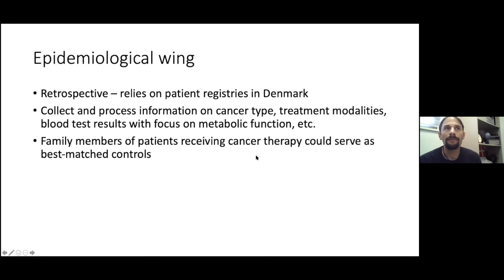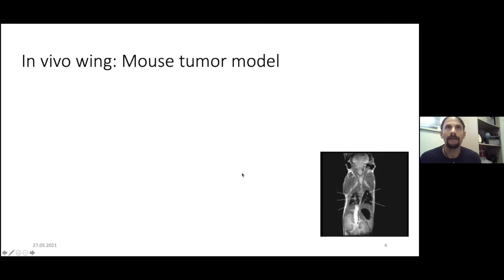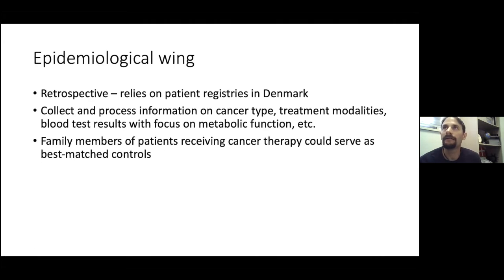And we would use family members of patients receiving the cancer therapies as best controls for the study. And of course, we'd be looking to collate the different layers of information to identify the effects on metabolic health that happened following the treatment in subsequent years.